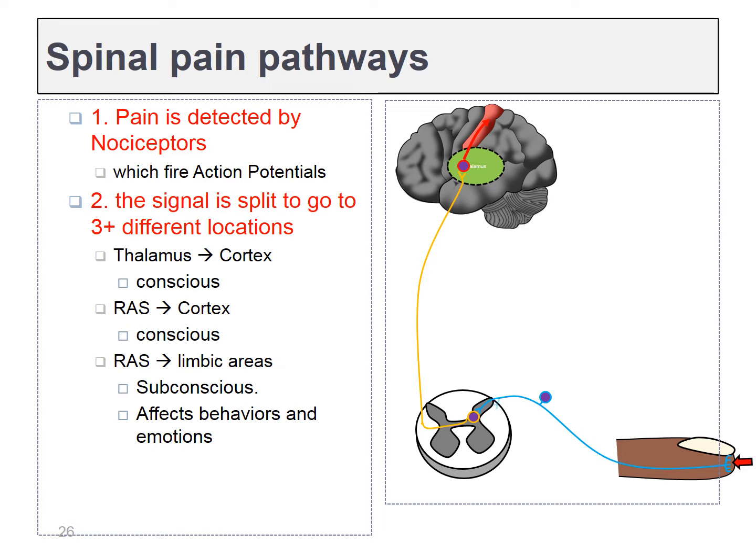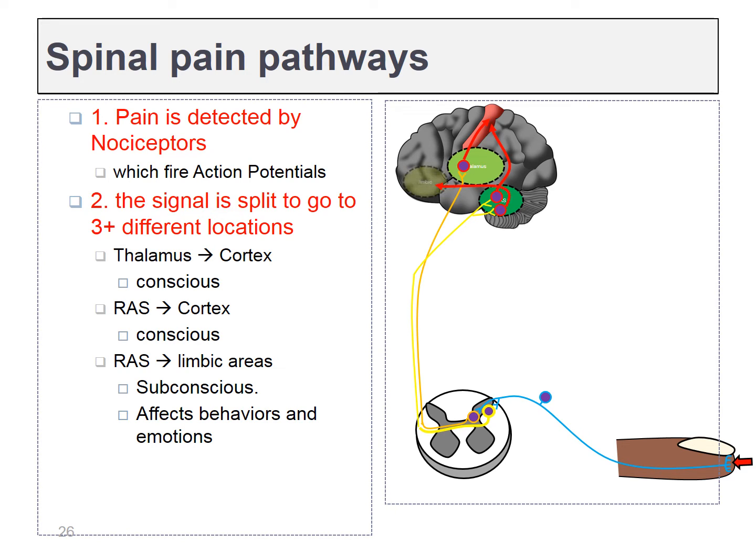The nociceptor can bind to a different neuron in the spinal cord, and its axon doesn't travel to the thalamus. Instead, it goes to the reticular activating system. If you were asleep, you're probably not anymore. Now you're awake, and it's from here that this information could also reach the post-central gyrus. We're still not done yet.